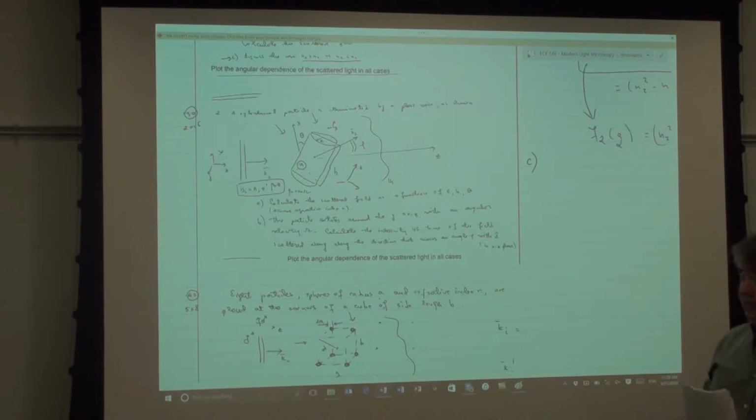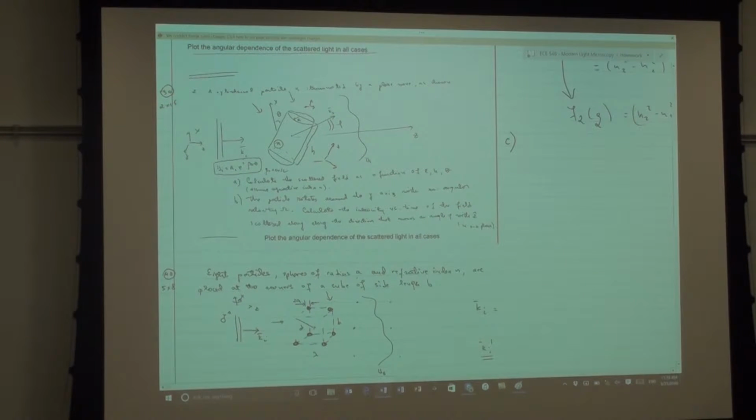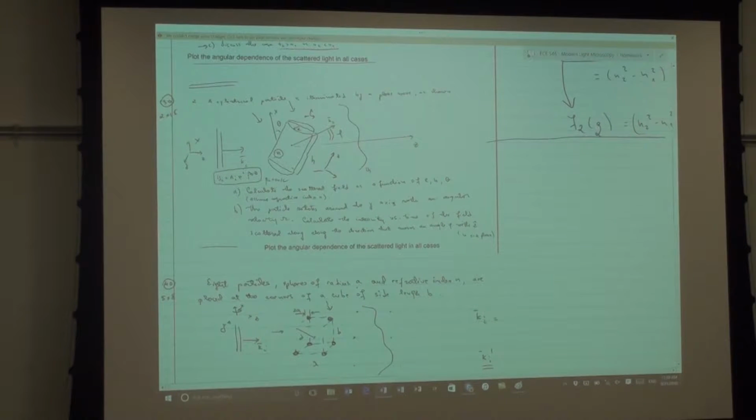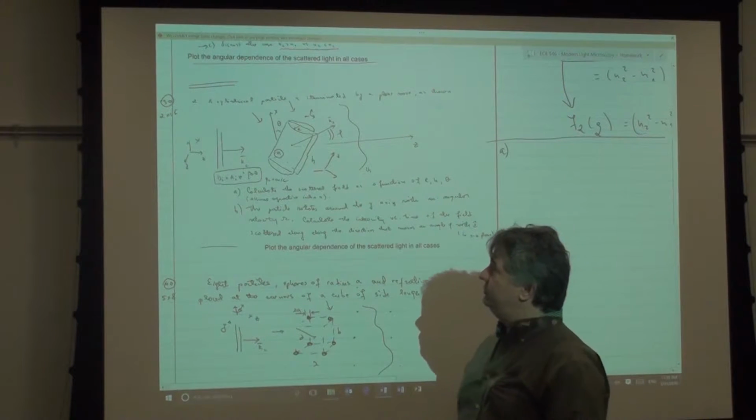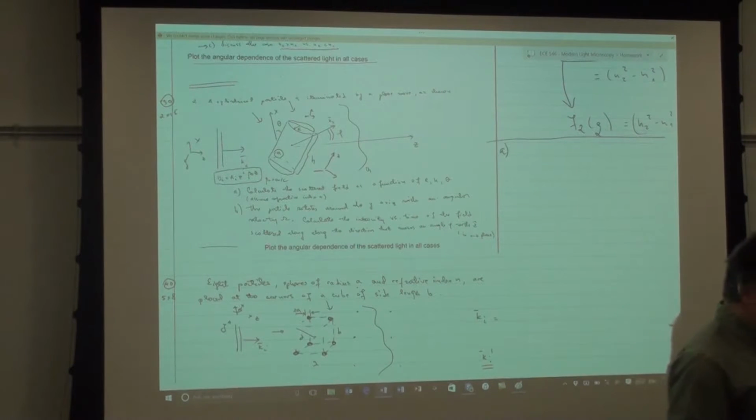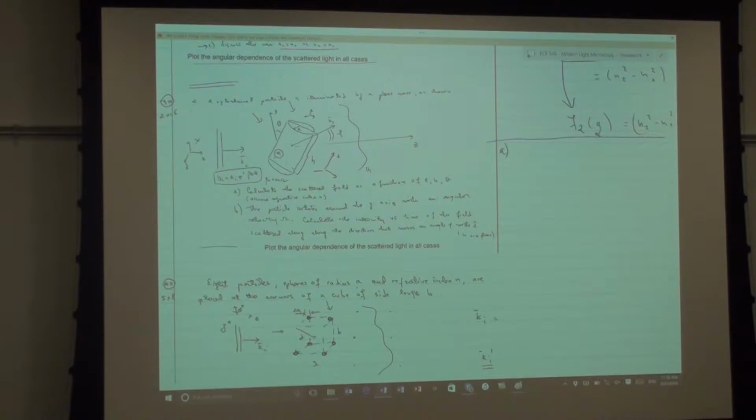Okay, moving on. Cylinder. What this homework is about is to give you the message that the approach is really the same everywhere.